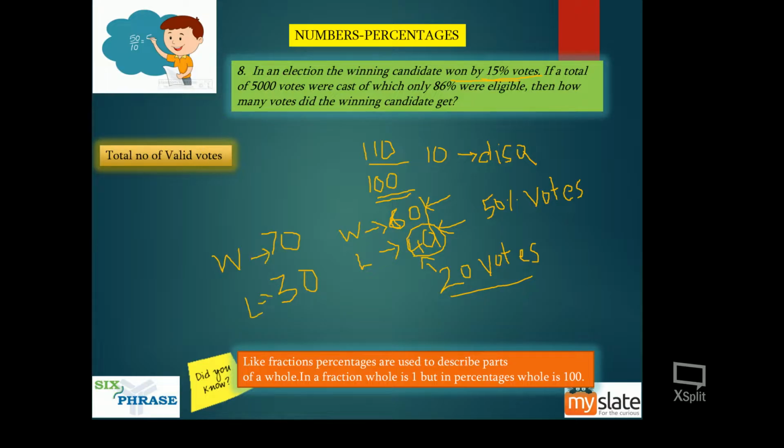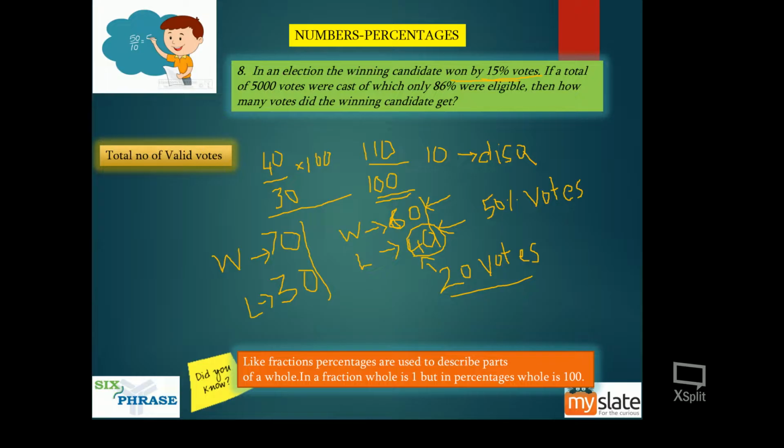Now the winner won by what percent votes? The difference is 40. The winner won by 40 by 30 into 100. This is the percentage of votes that the winner won by.